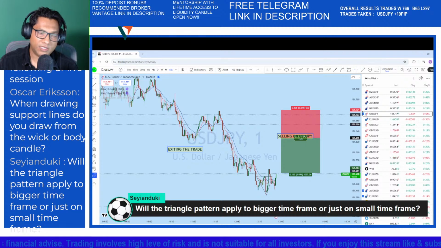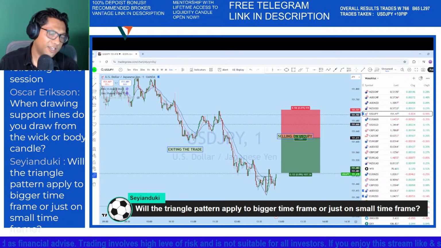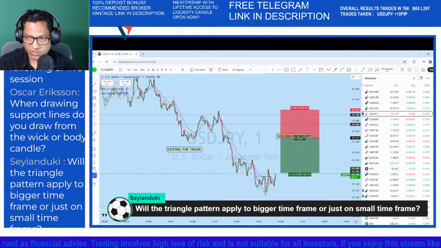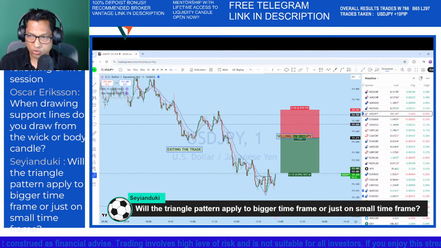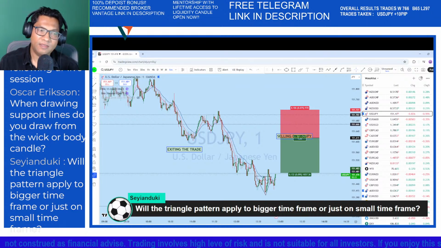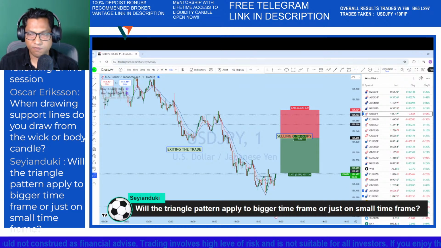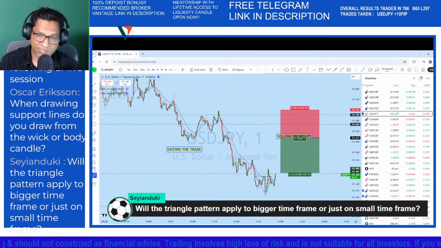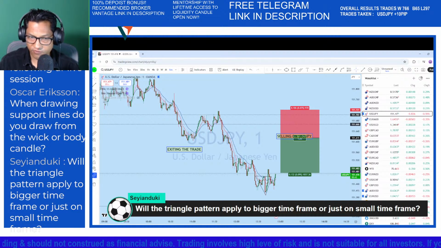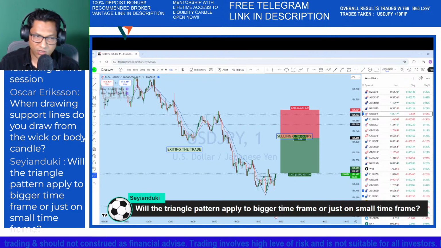So let's say you see this pattern in the early Asian session, or probably early Tokyo session, when there isn't volume, then that might just keep moving sideways. So looking at, let's say now, okay, now there's a volume, right?